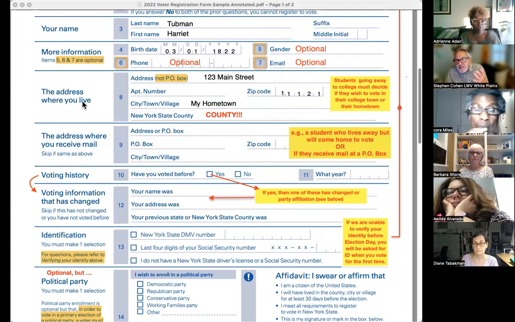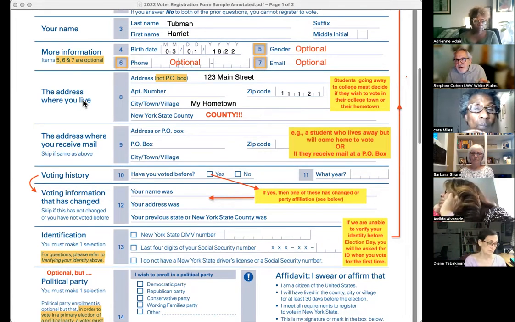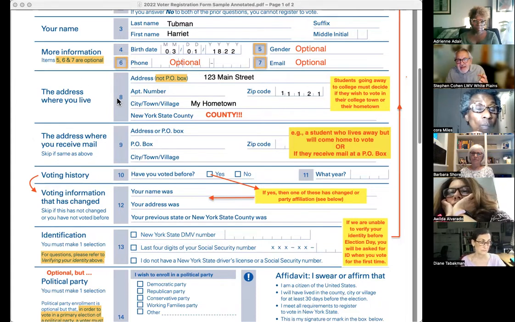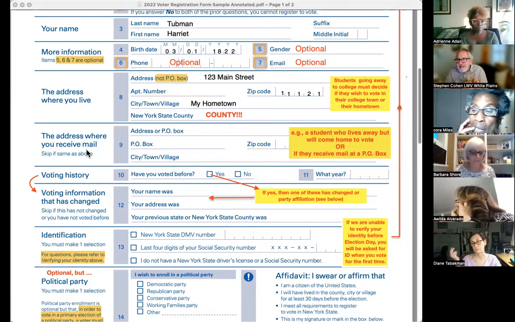If they choose to vote in New Paltz, they would fill out item 8 as where they're living, and not fill out 9 because they're going to get mail where they're living. Does that make sense? It's a little bit of a nuance, but that's the way this works.